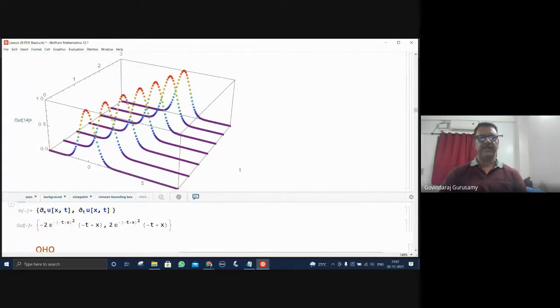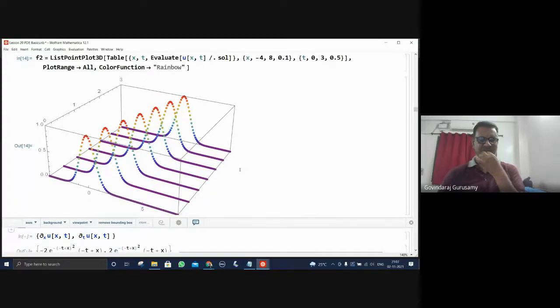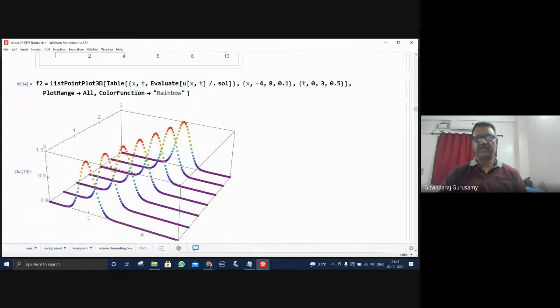Now, let us put some questions on this. You can see that x is one axis, t is on the other axis. This is the t axis, and this is your x axis. Correct? This is x, and this is t.